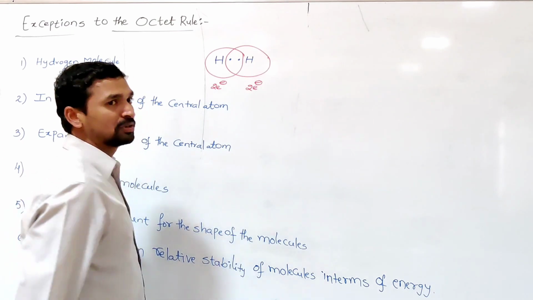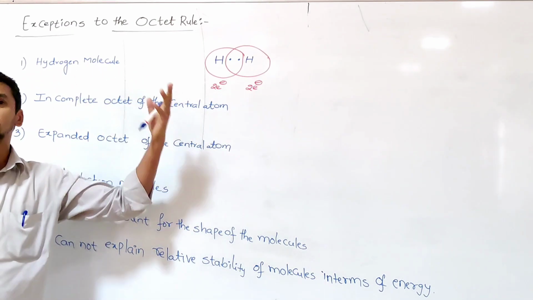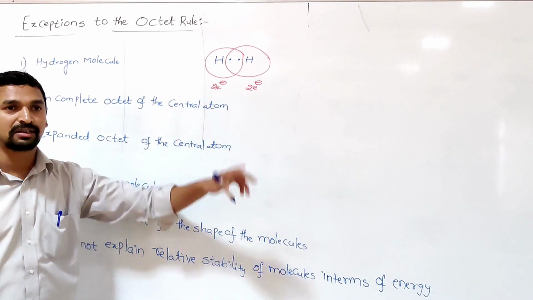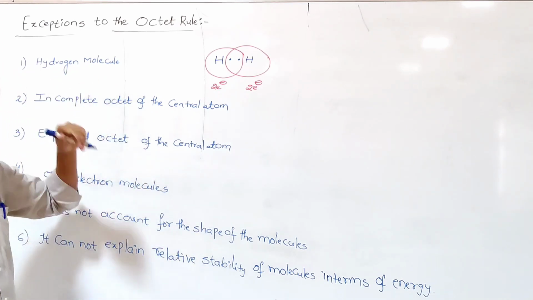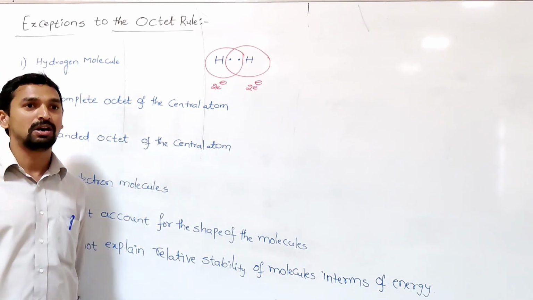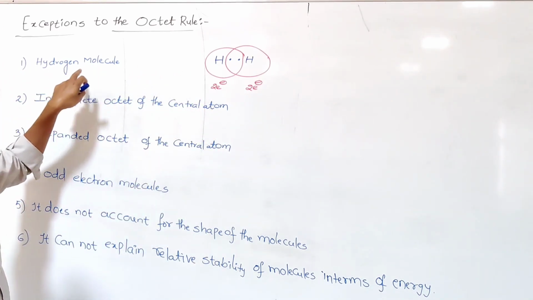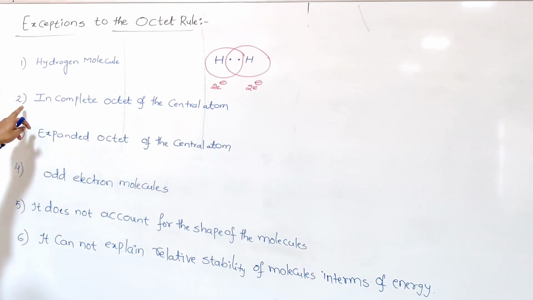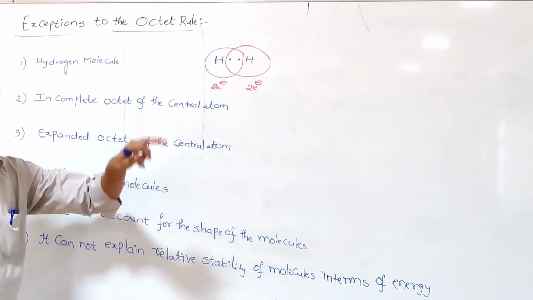It cannot accommodate more than 2 electrons, because n is equal to 1, the first energy shell, where only the 1s orbital is possible. So here 8 electrons are not possible according to the octet rule. However, the hydrogen molecule is a stable molecule. That means it is not possible to apply the octet rule in the case of the hydrogen molecule.